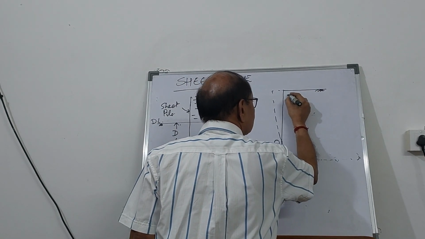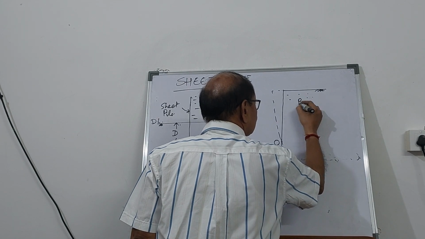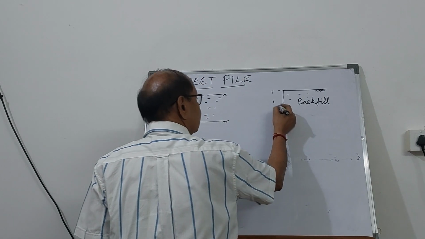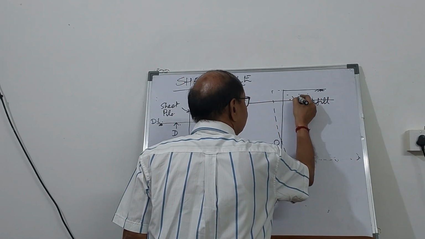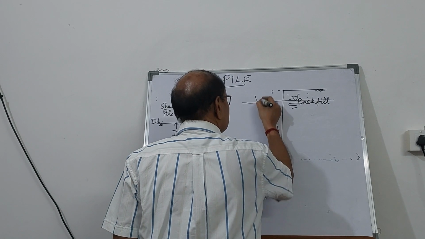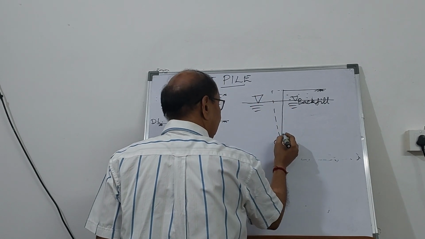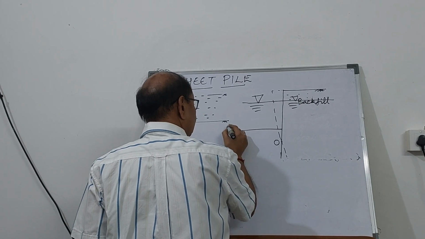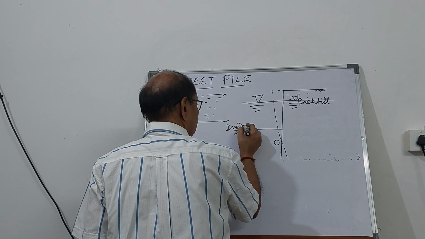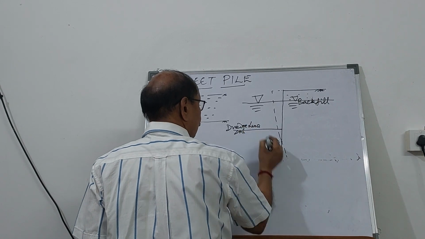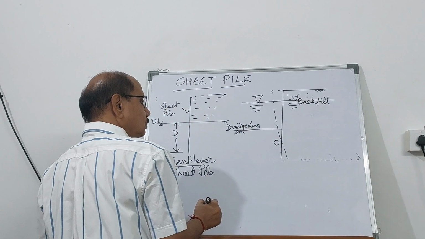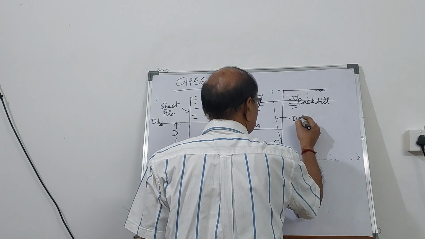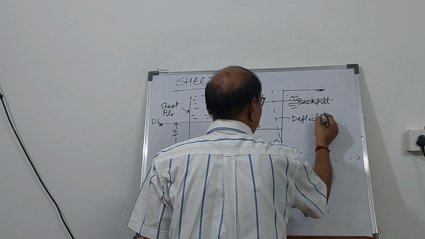This is the backfill. And there may be a water table, and here is the dredge line. So rotation about O gives the deflected shape.